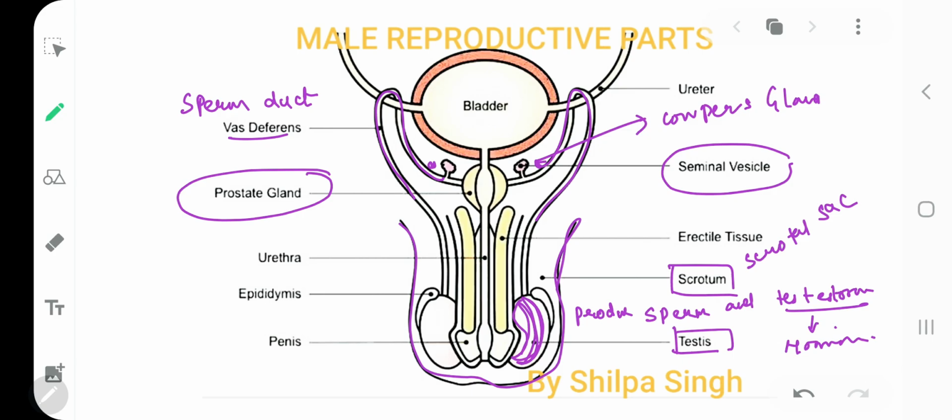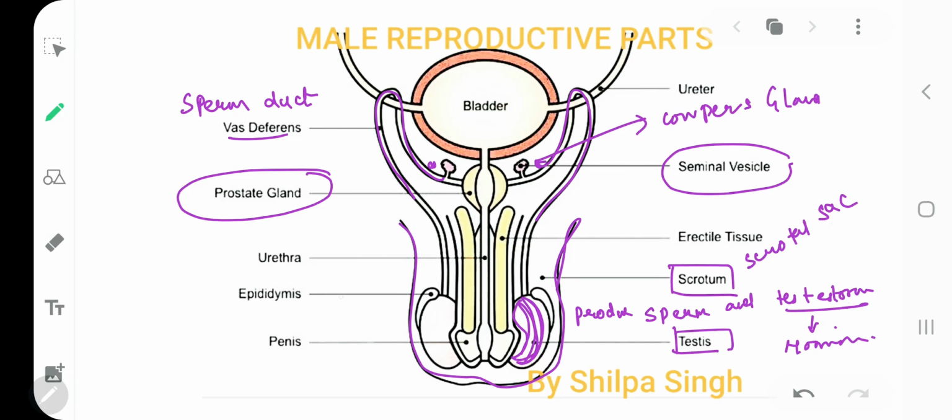When the sperm travels through the sperm duct, all three glands secrete their secretions and make the sperms active. Got my point? In fact, in the testes, where the sperms are actually produced, they are in an inactive form.